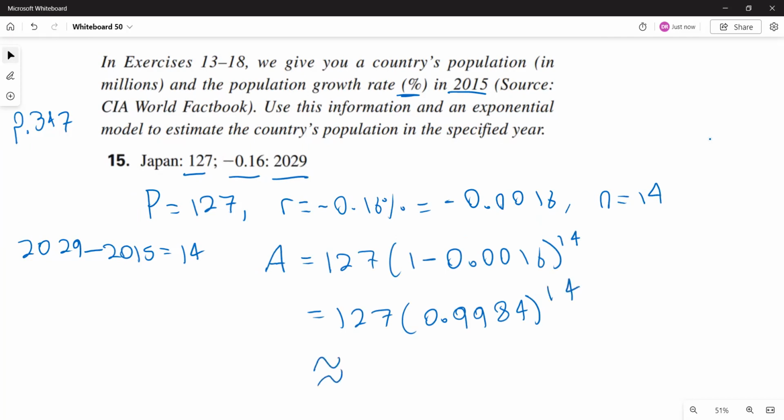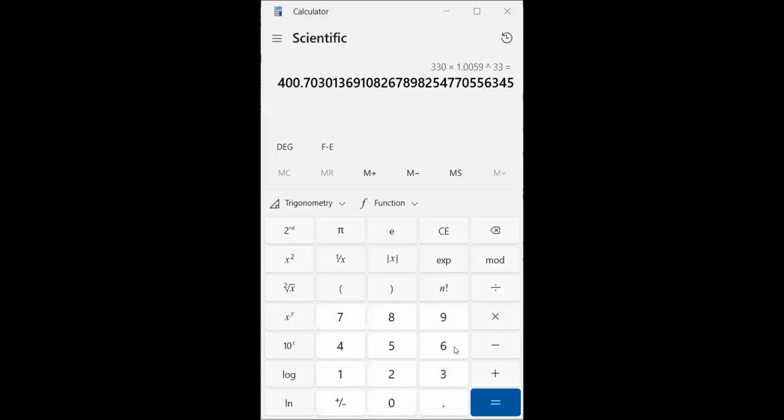And we're going to estimate the population of Japan in 2029. This is 127 times 0.9984 raised to the 14th power. So that's about 124.2 million.